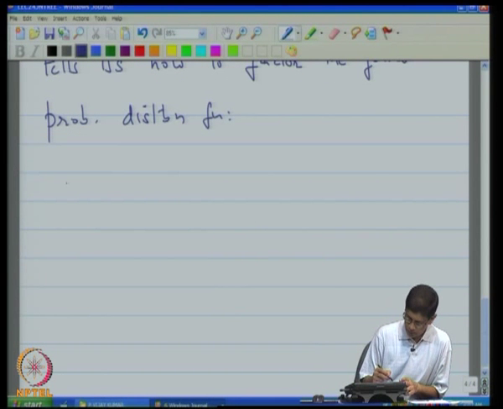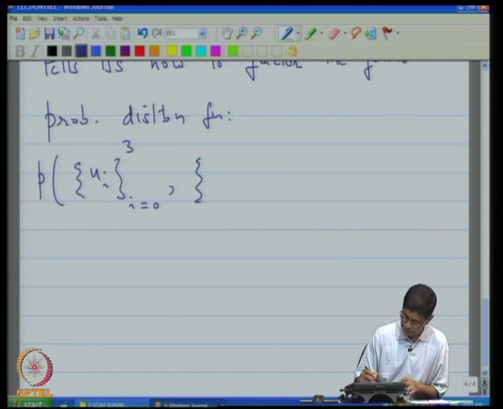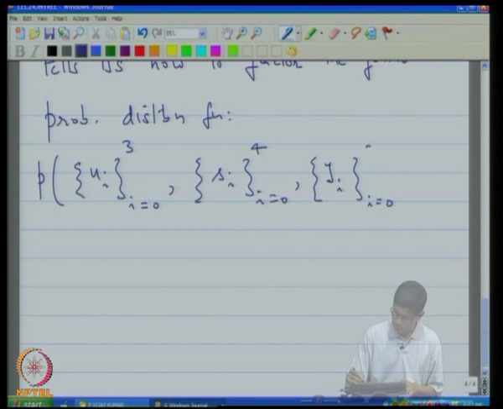So, it factors according to P of (U_i, i = 0 to 3, S_i, i = 0 to 4, and Y_i, i = 0 to 3).